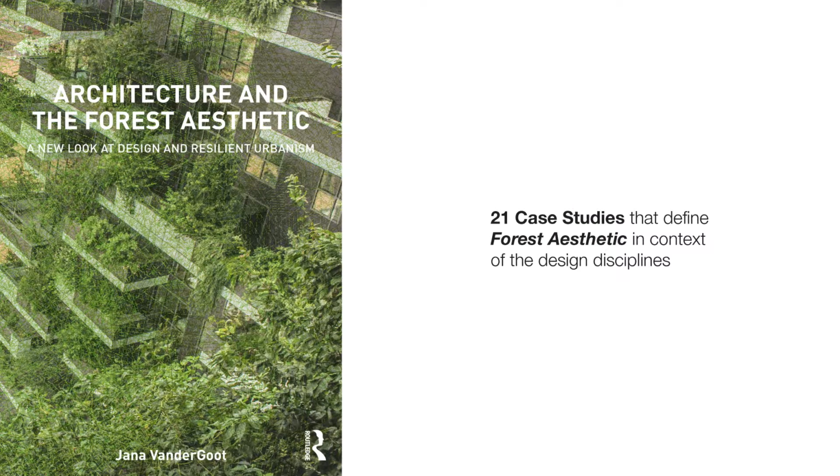My research on Harvard Forest comes from the work that I did for my recent book, Architecture in the Forest Aesthetic. Harvard Forest was one of the 21 case studies in the book.